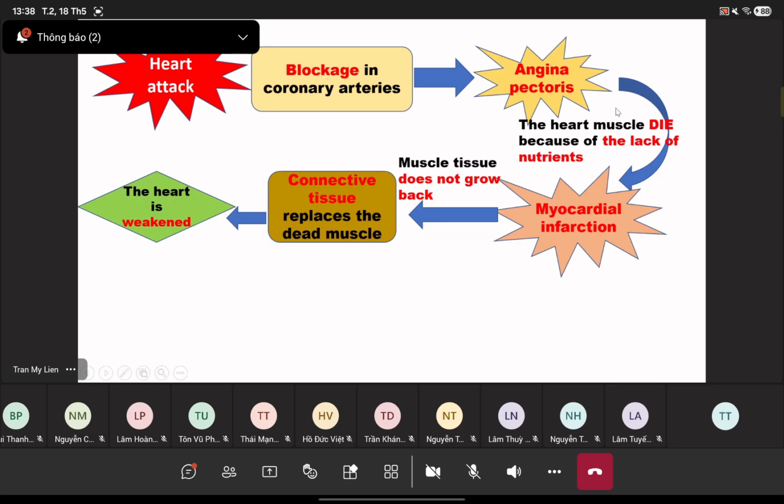The heart muscle dies because of the lack of nutrients, leading to the quickening of the heart.